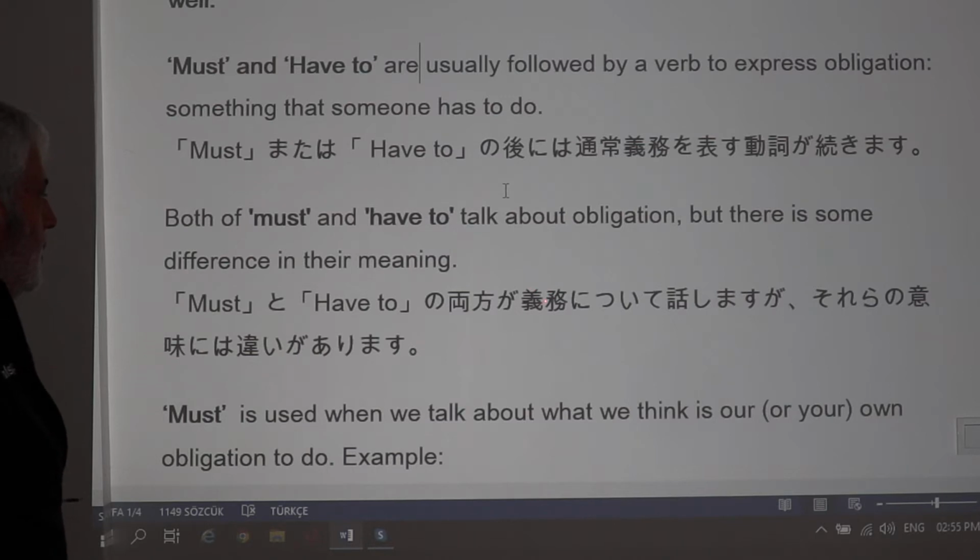Obligation は義務、Both は両方。Both of must and have to talk about obligation, but there is some difference in their meaning.